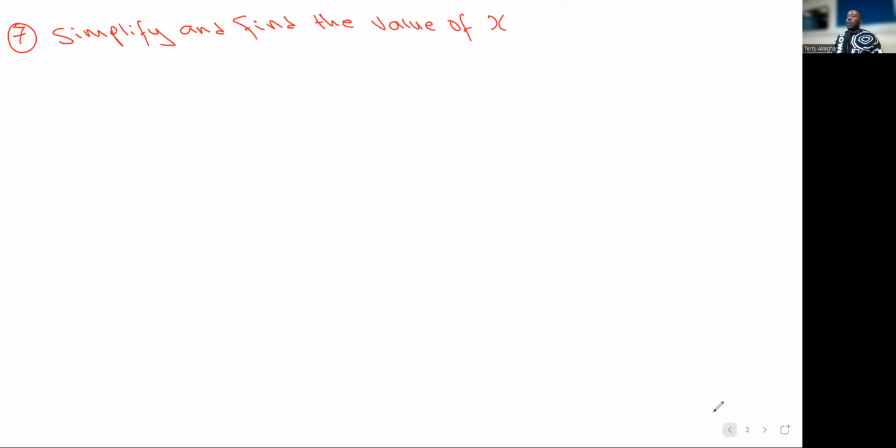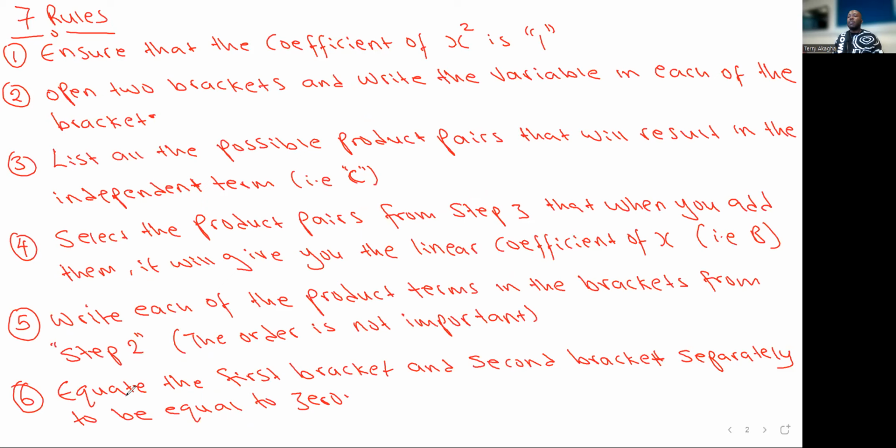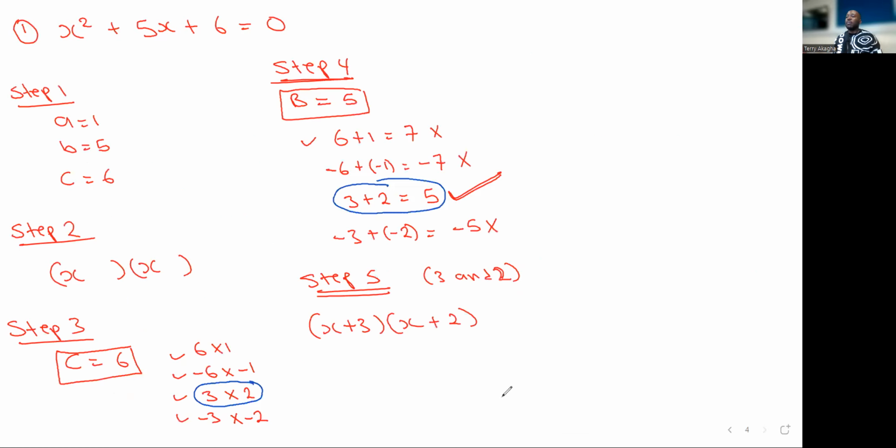When we're done with that, we have to equate the first bracket and the second bracket separately to be equal to 0. Step 6. So we equate each of them to 0. So x plus 3, the first bracket, equals 0, and x plus 2 equals 0.